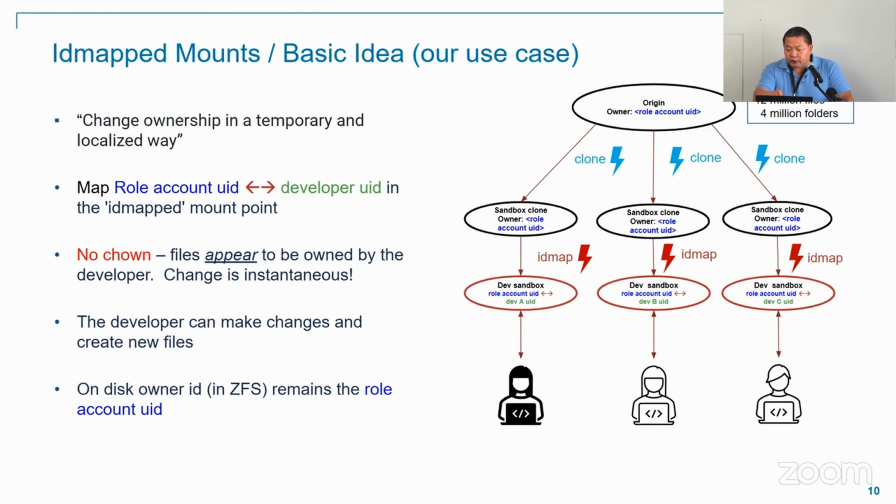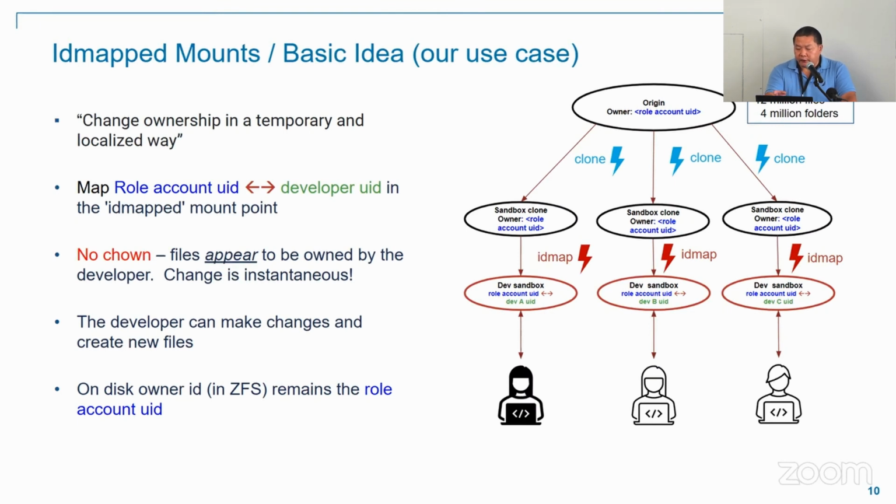Looking at that same workflow graph, the clone still happens instantaneously. Then for each sandbox, we set an ID map on the dataset, and we remount this dataset using the provided ID map information.